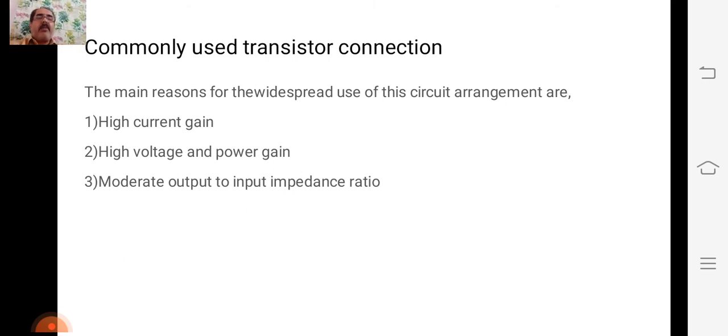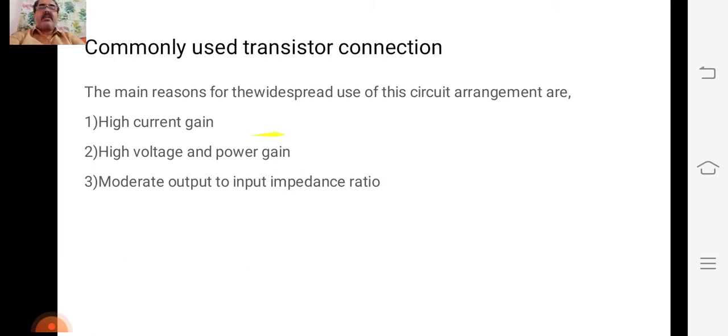As the value of beta is very large, the output current IC is much more than the input current IB. Hence the current gain in CE arrangement is very high. It may range from 20 to 500.